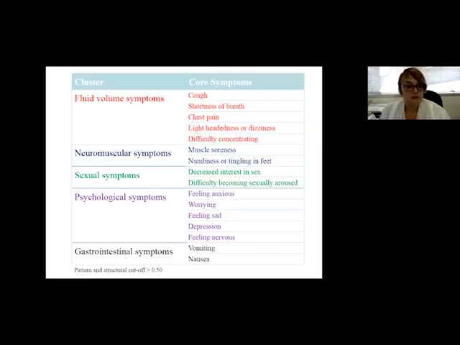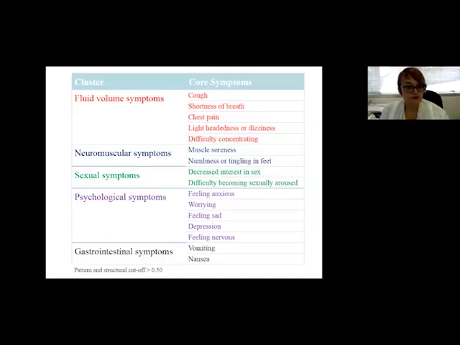Neuromuscular symptoms that closely clustered together are muscle soreness and numbness and tingling. Sexual symptoms, which I've already mentioned, psychological symptoms, and gastrointestinal symptoms. But you think, there are a few symptoms that are actually missing.